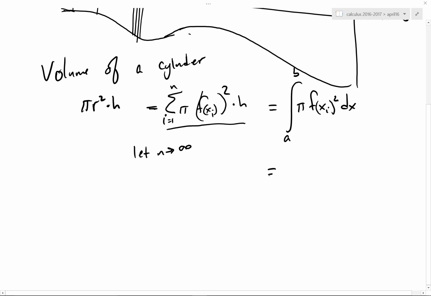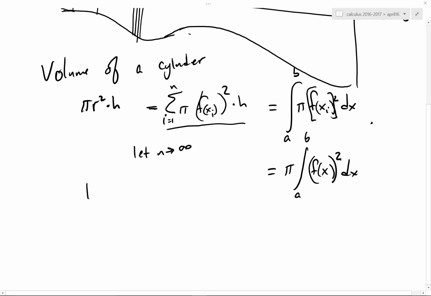And most of us big kids write it thusly because pi is constant. There should be a big fat parentheses right there: f of xi squared dx. Now, Mr. Grimm, do we use the xi anymore once we've done an integral? No, we don't. So this is how we write it.